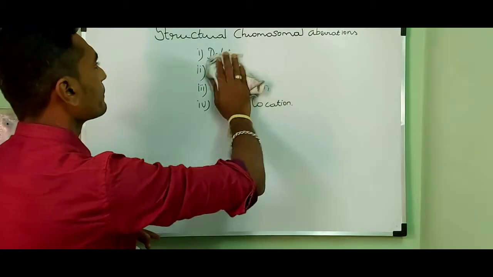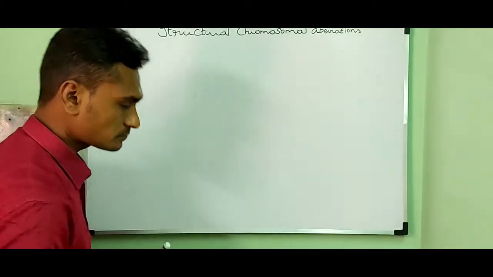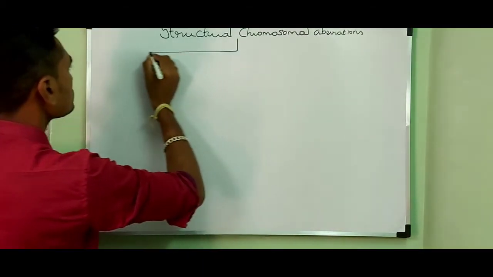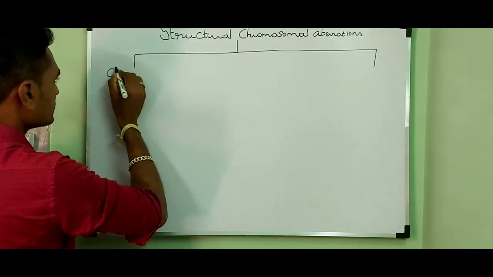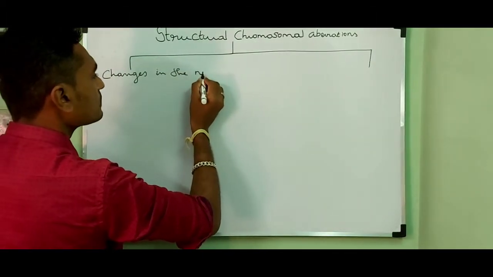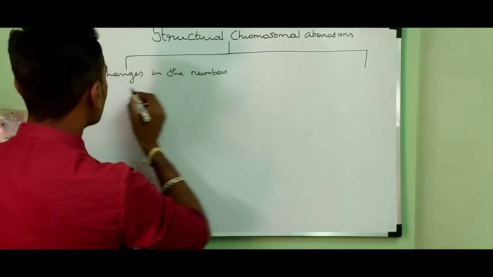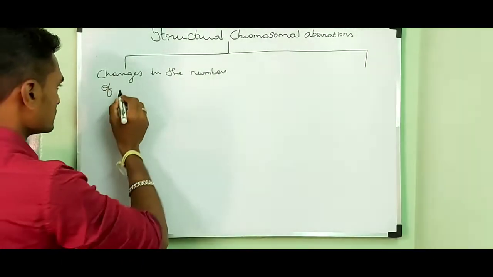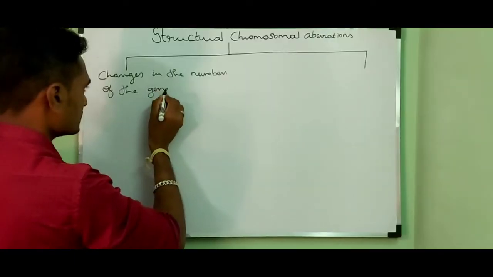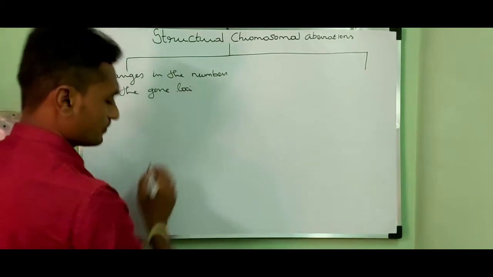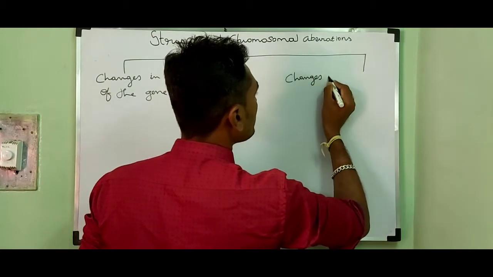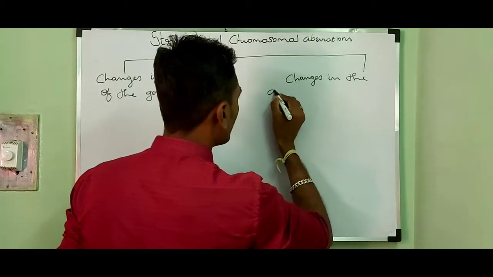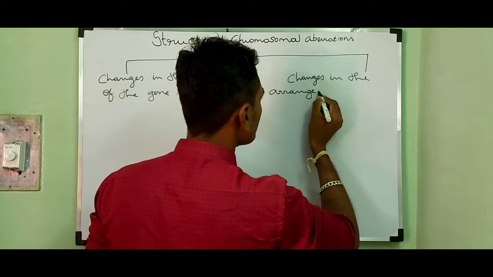They are changes in the number of the gene loci, and the second type is changes in the arrangement of gene loci.